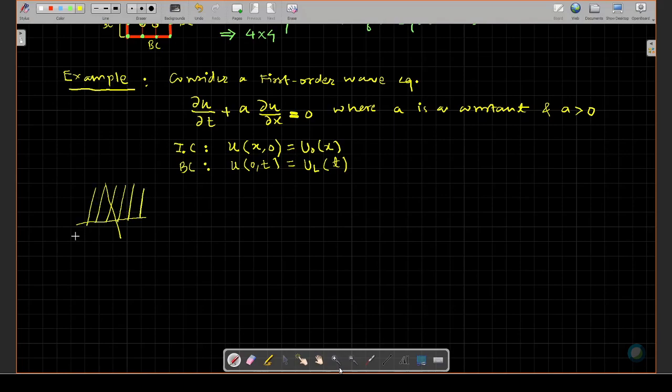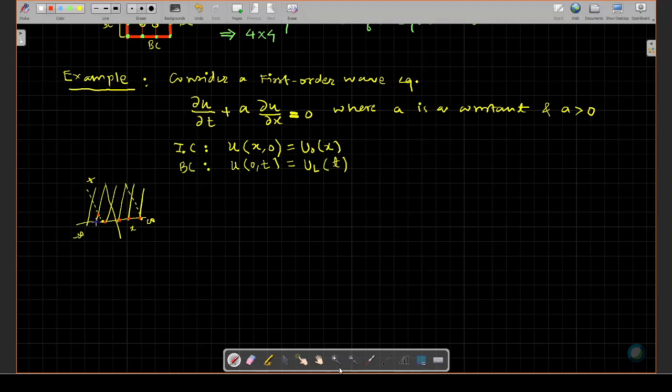For a finite domain, you have to limit the x location. So at the initial conditions, at these initial locations, you have the initial conditions, and at the boundaries at this location.